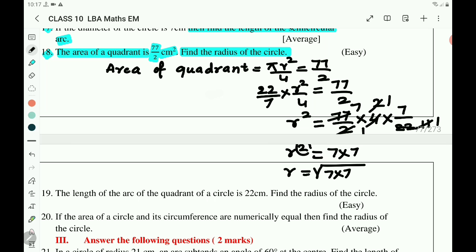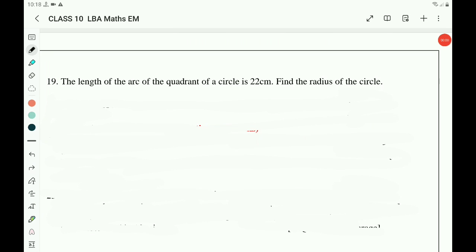If the square is removed in the LHS, root comes in the RHS. Root 7 into 7 is 7 centimeters. So the radius of the circle is asked here, and you got 7 centimeters. The radius of the circle is 7 centimeters. Then question number 19.